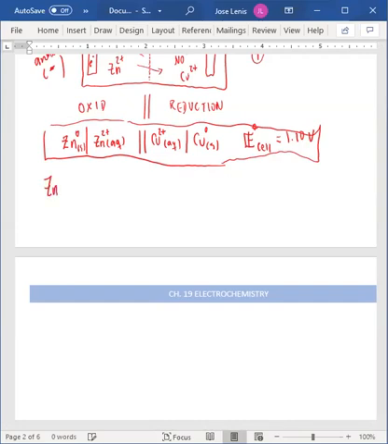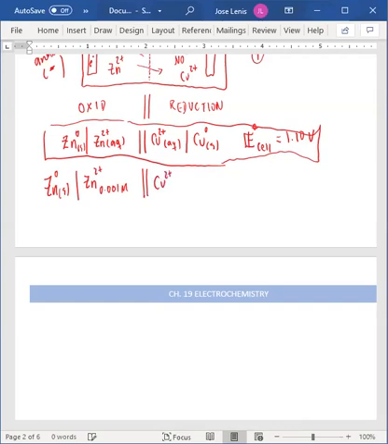Zinc, solid, zinc 2 plus, and you write the concentration here, 0.001 molar. This is the salt bridge. On the other side, let's say you have 0.1 molar of copper 2 plus.